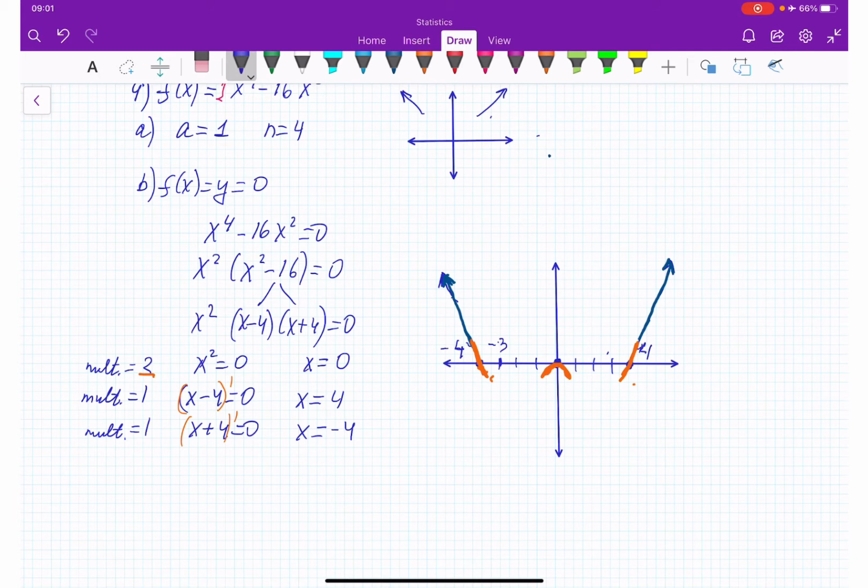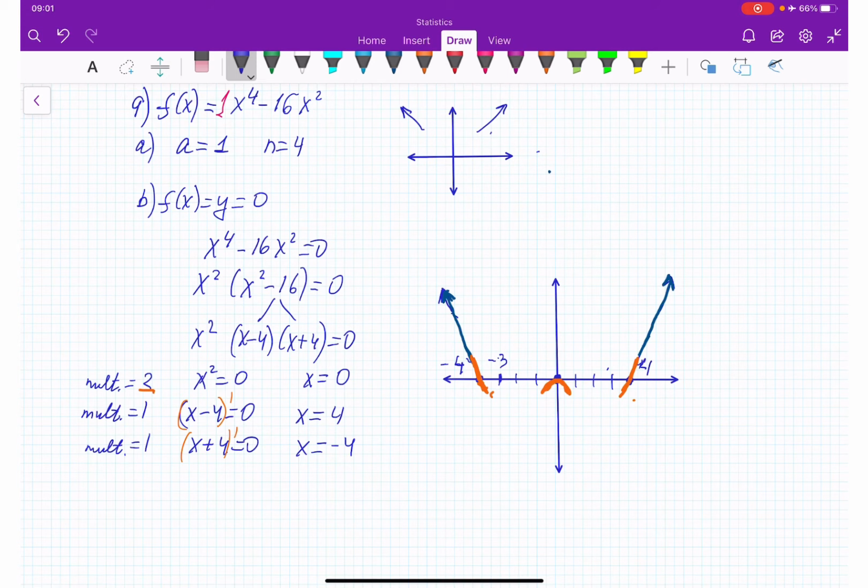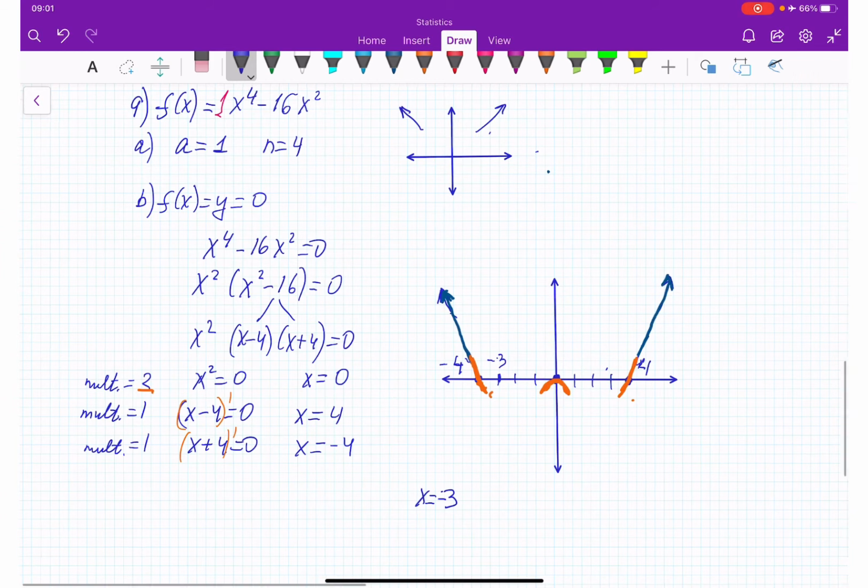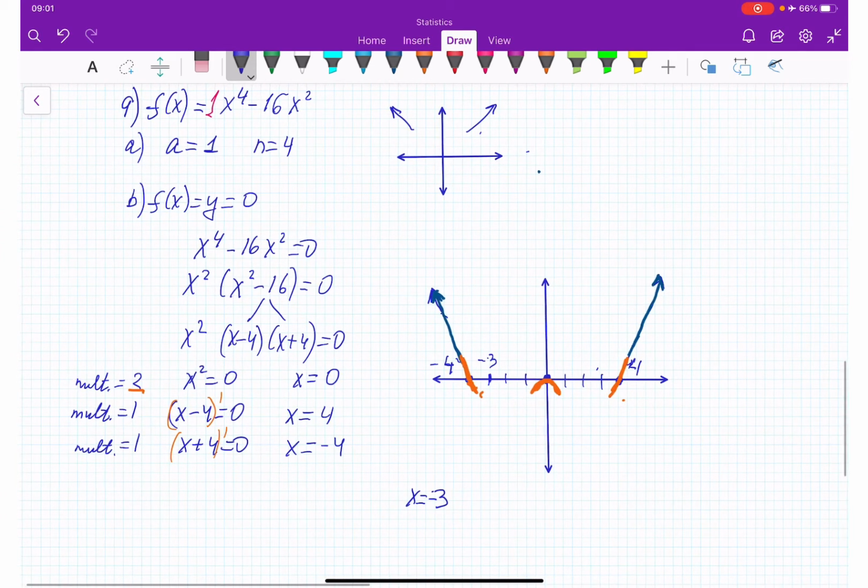So let's see, if my x is equal to negative 3, we try to find out how far it's going to fall. Okay, so x is equal to negative 3. I'm getting negative 3 to the power 4 minus 16 times negative 3 squared. This is our original function, right? That's where I'm plugging in.